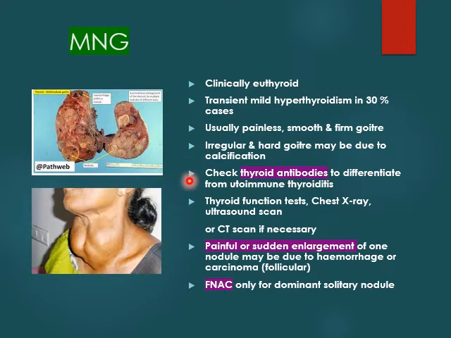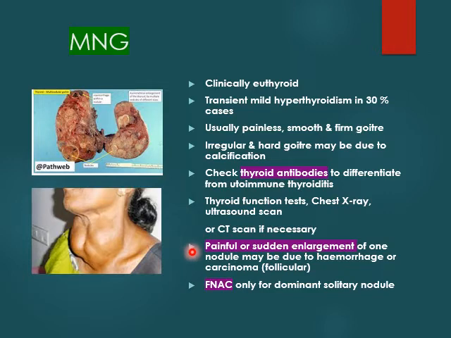These patients sometimes may have autoantibodies, so they must be subjected to autoimmune antibody studies. Thyroid function tests, chest X-ray, and ultrasound are the most common investigations for multinodular goiter. If there are pressure symptoms or suspicion of malignancy, then a CT scan is necessary.